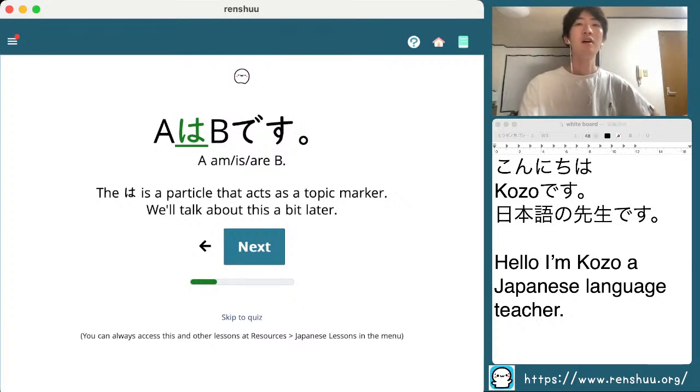It's written with hiragana always. And this green wa is a particle that acts as a topic marker. We'll talk about this. Oh, I see, that's great. Yeah, wa is really confusing, so I recommend you learn it later, after you've learned other basic grammar and sentences.